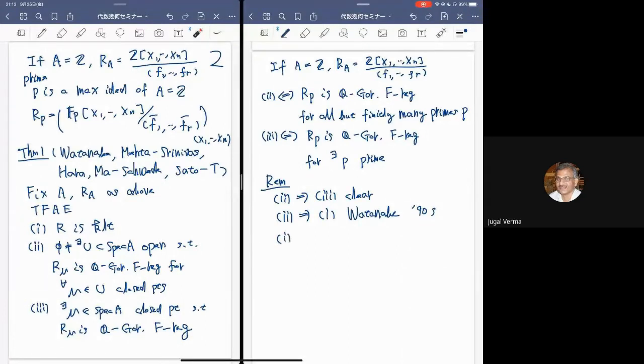And the first condition implies the second condition: this part was proved by Mehta–Srinivas in '97, and independently by Nobuo Hara, 1998. These parts are in some sense classical results, but 3 implies 1, this part, Mehta–Schwede proved the case.